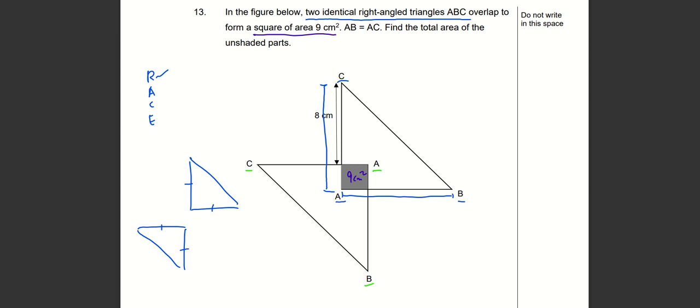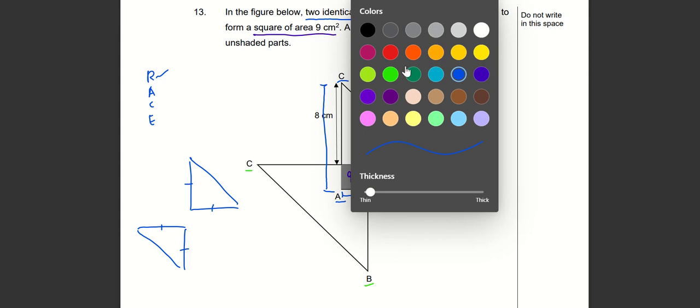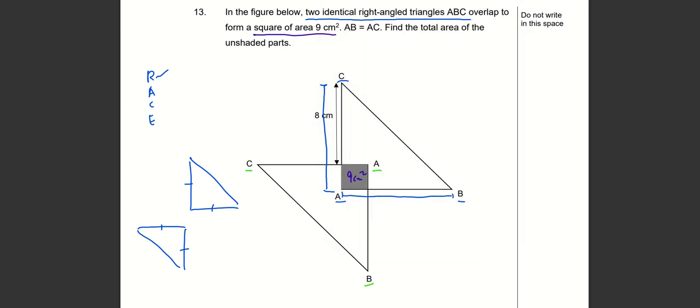Now I need to find the unshaded portion, that means I take away that gray area where's the overlap. Okay, now if you can see, if I'm going to draw out the gray area here, that's this corner here, imagine like I'm drawing a right angle symbol, this is a square here, and over here this is similarly a square.